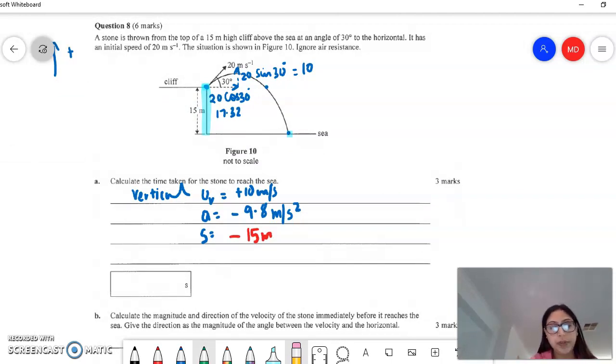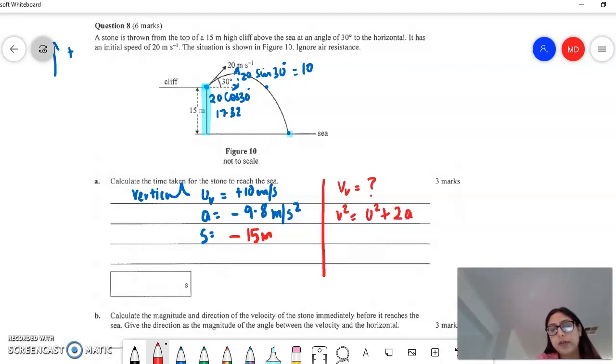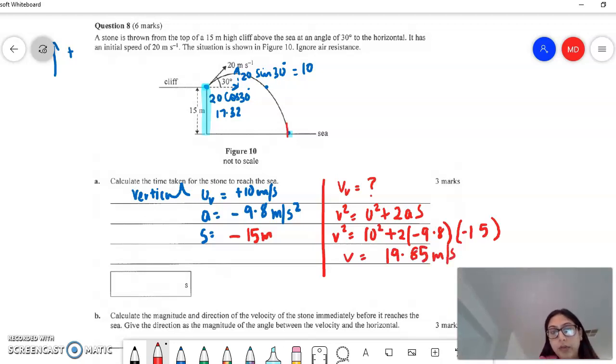Let's use the vertical motion to find the final velocity when it hits the ground. Using this formula, the vertical initial is 10, a is negative 9.8, and s is negative 15. So you get v equals 19.85. Now, you know that the stone is falling down when it hits the water, so the final velocity will be negative 19.85.